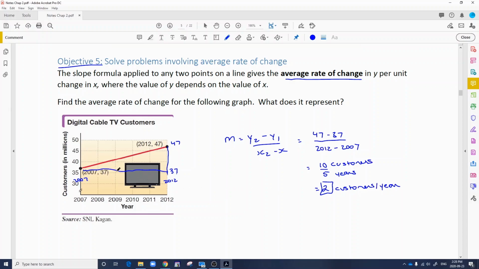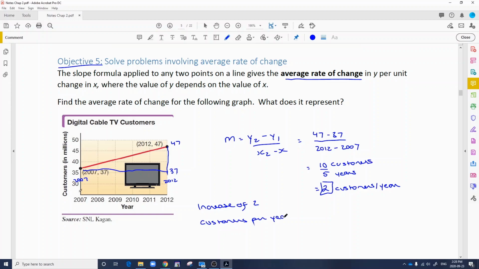Once you figure out the slope of a linear equation, you can find the average rate of change, which is the amount that you're increasing or decreasing by per unit of usually time in a real world example. So for this one, the average rate of change for the graph is an increase of 2 customers per year.